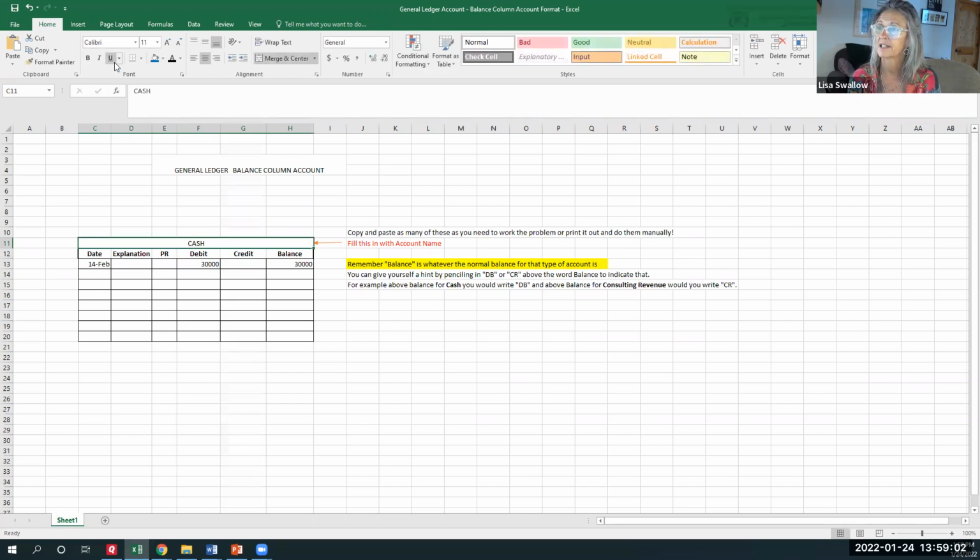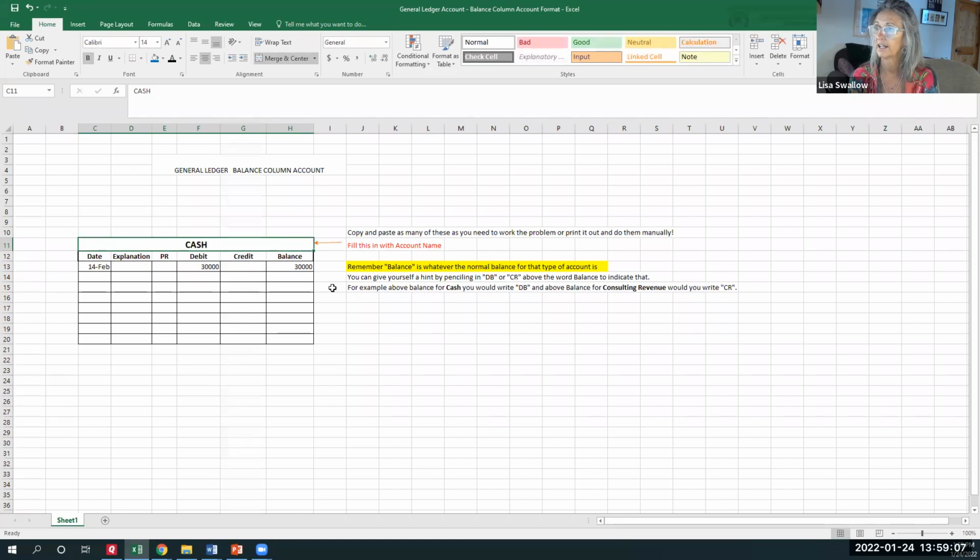So that tells you that cash has a normal balance of debit. And then say the other post was I spent 2,000. So now my balance is, of course, 28,000.